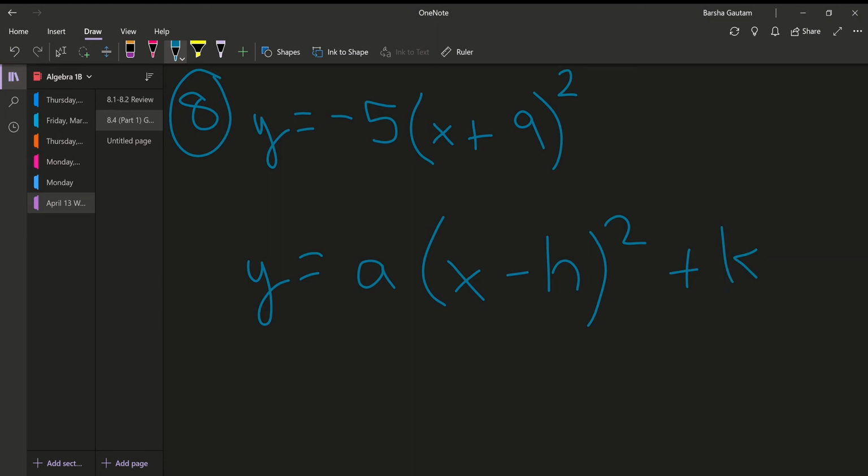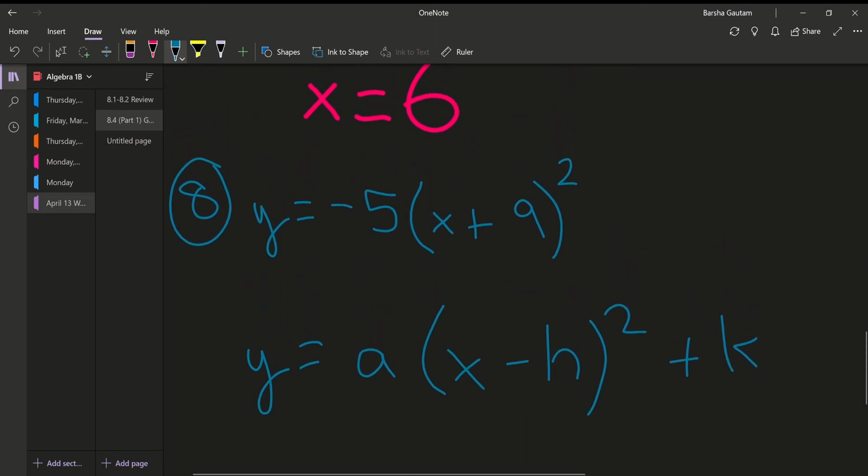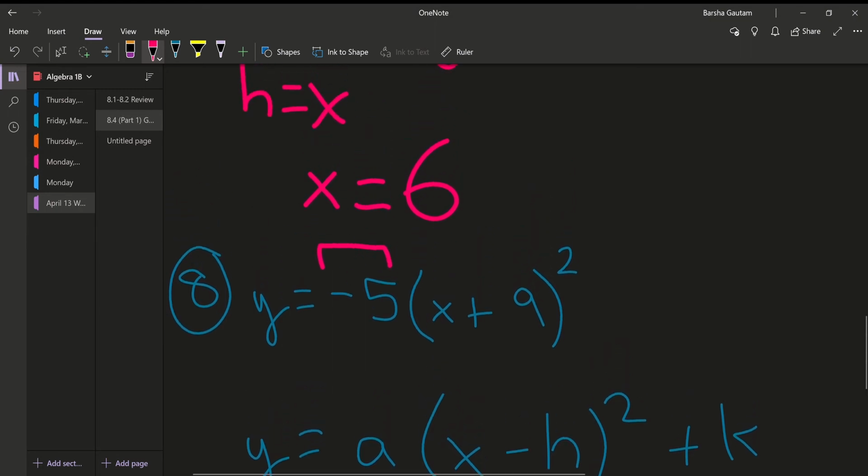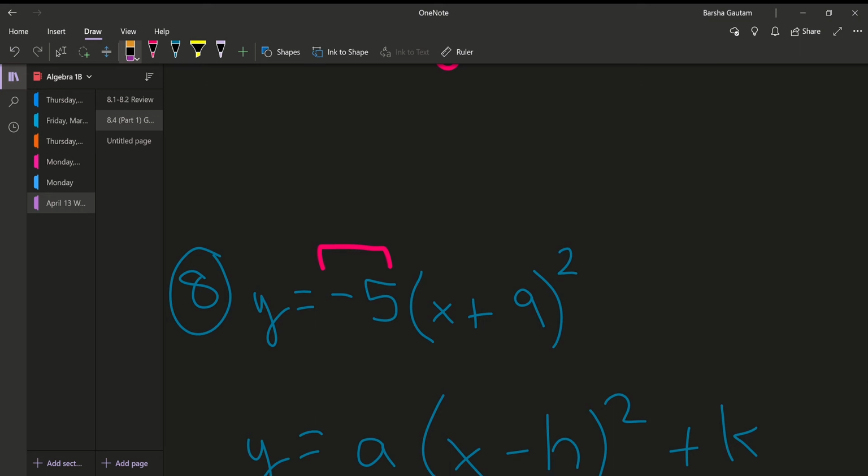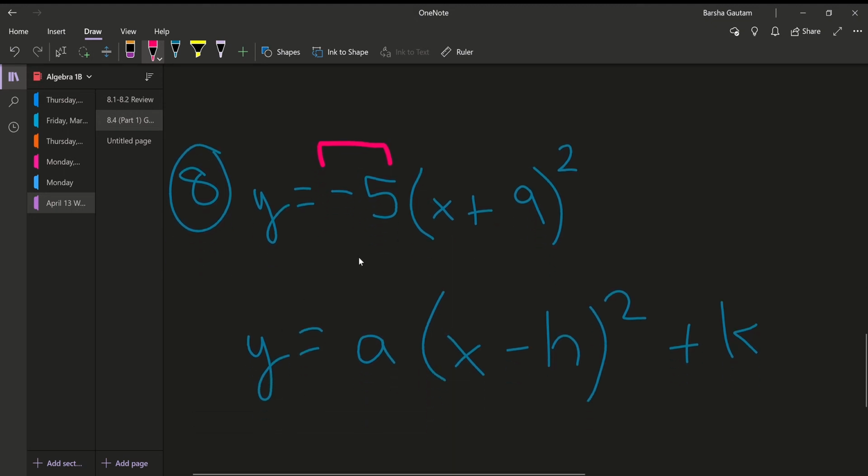And if it helps, go ahead and practice labeling what each thing represents. Let me erase this up here. Okay. So negative 5 is what? What's directly below negative 5? A. So that's our a. x is going to represent x.